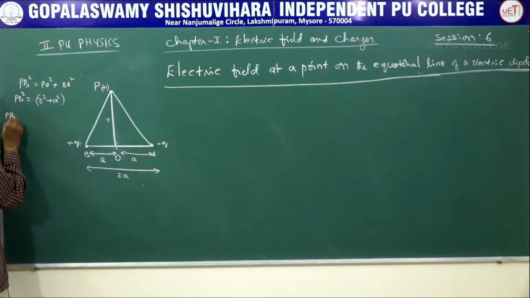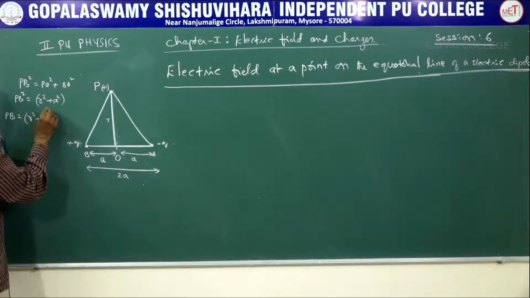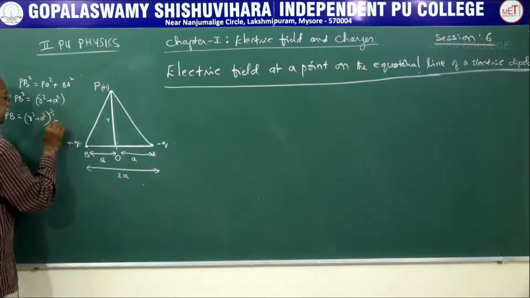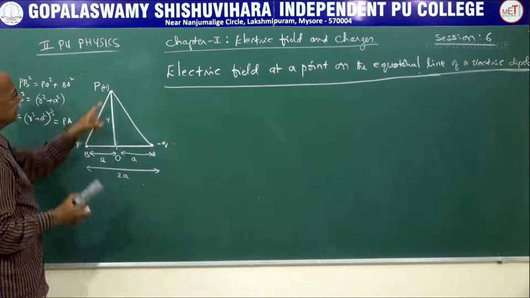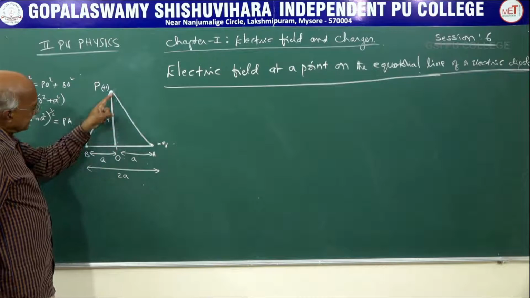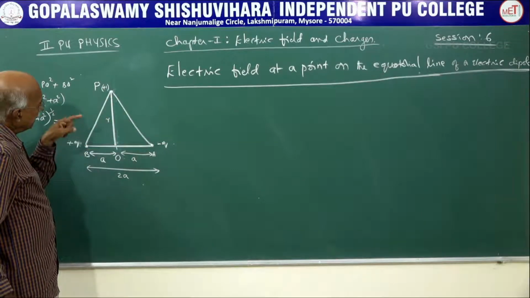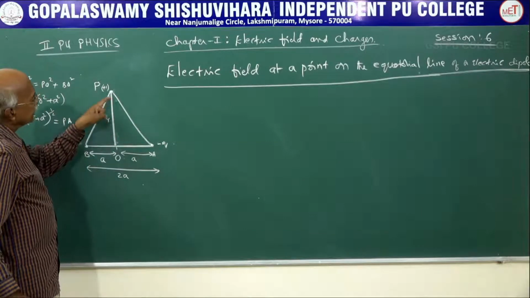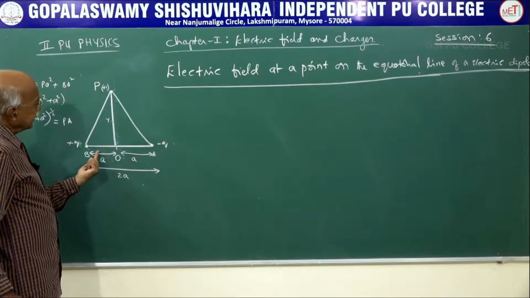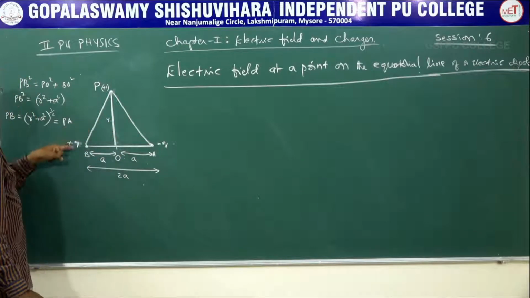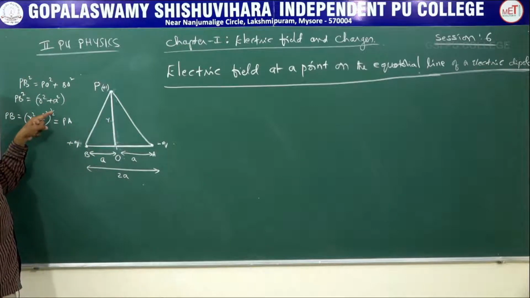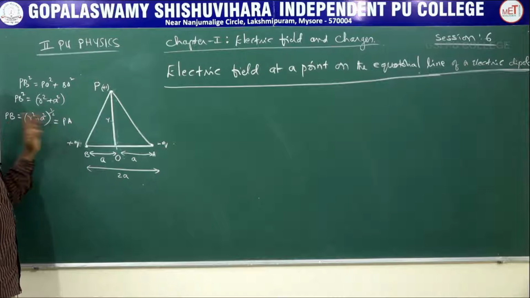Therefore, PB is equal to (r square plus a square) to the power of half, and this in turn is nothing but equal to PA. Since this is the hypotenuse, this is an isosceles triangle, and this side is r, so this distance is r, this distance is a. In both the cases, these distances are one and the same. Therefore, the hypotenuse PA will be equal to (r square plus a square) to the power of half. PA is equal to PB.